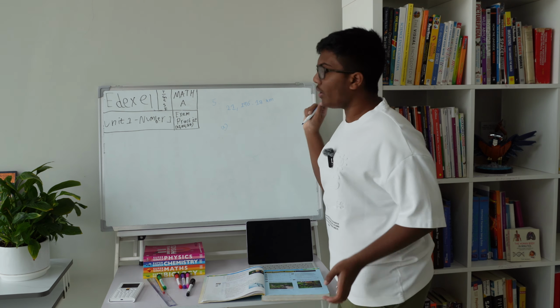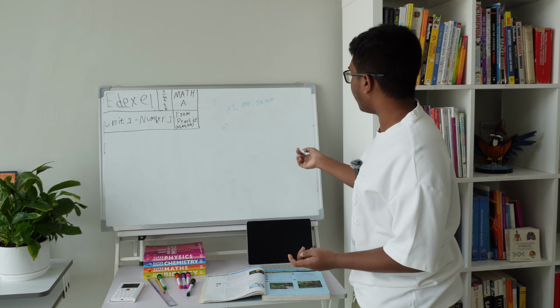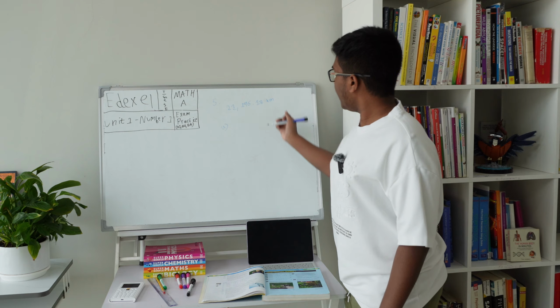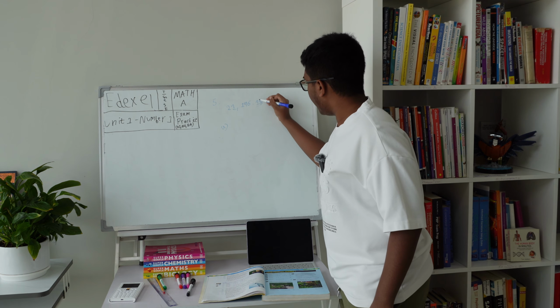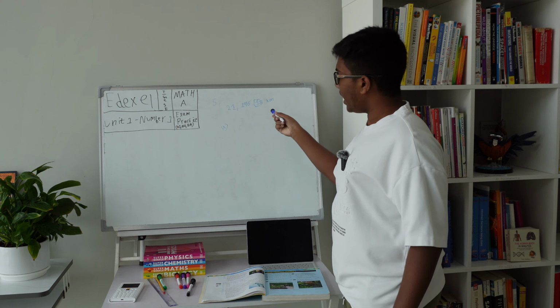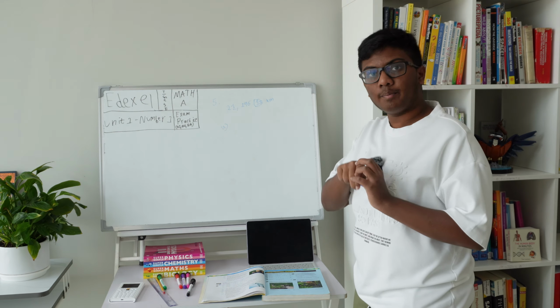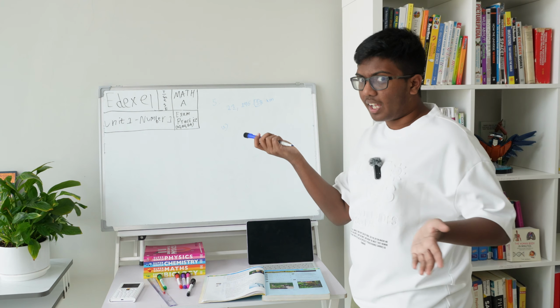So in this case, what's the first decimal place? It's this, right? It's the 1. So we will ignore the 8 and we will write it to 1 decimal place. Except that, wait, we can't.